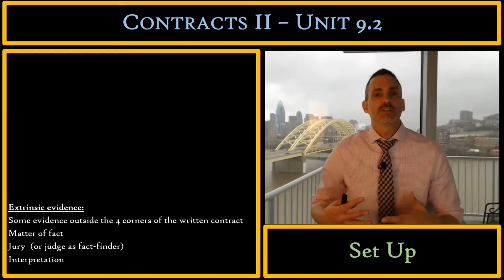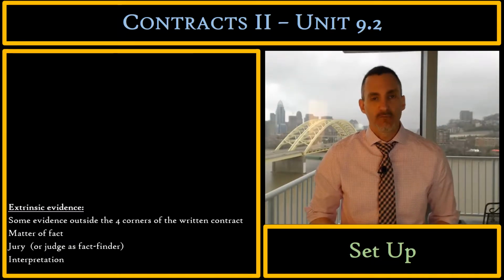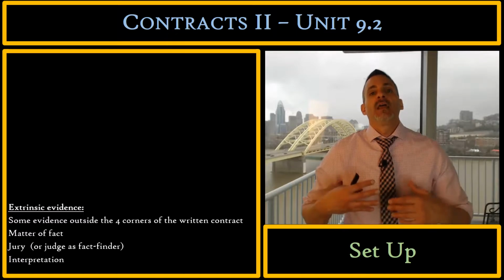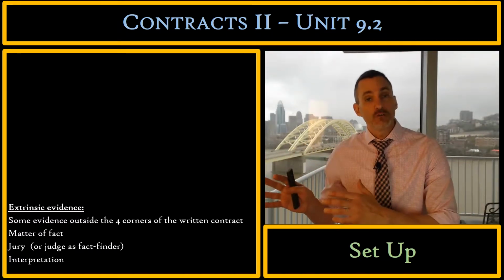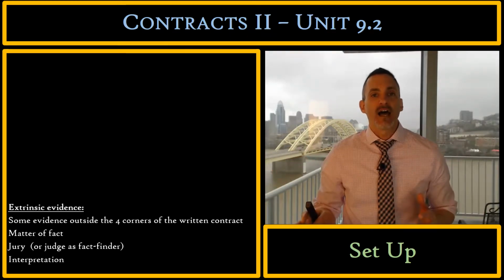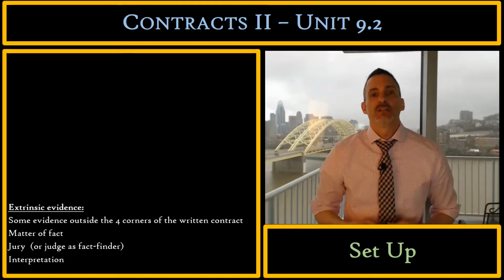Throughout this unit, we're just going to refer to the jury as the fact finder. When there is extrinsic evidence, the evidence goes to the jury, and the jury then decides which interpretation is what the parties agreed to.